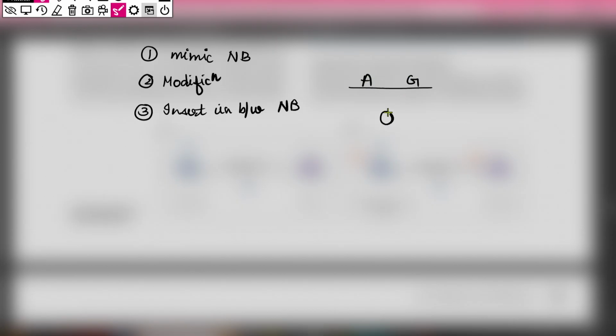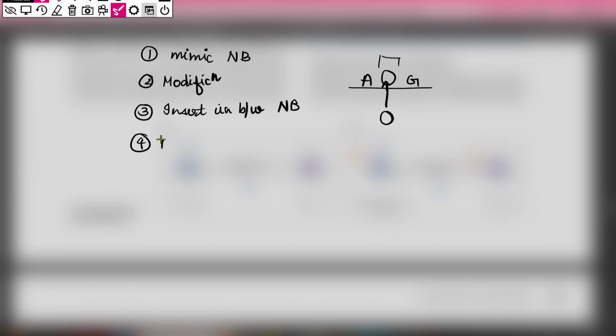Or they can modify the already existing nitrogenous bases. Also they can insert themselves in between the nitrogenous bases. Suppose adenine and guanine were there, and this chemical mutagen inserted itself in between them, pretending as if it were also a normal nitrogenous base.